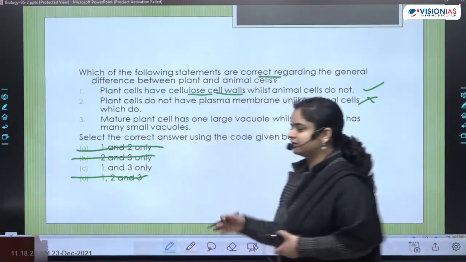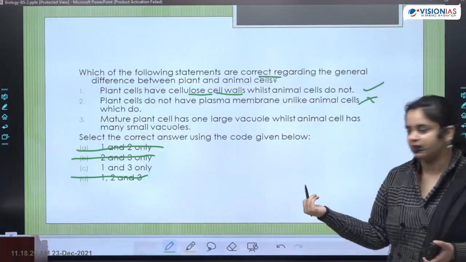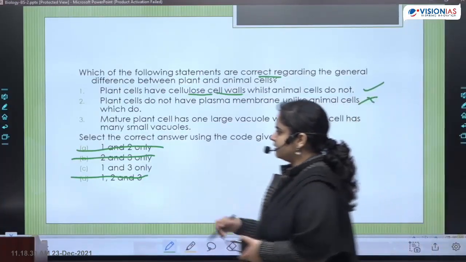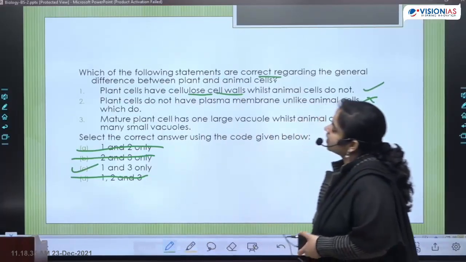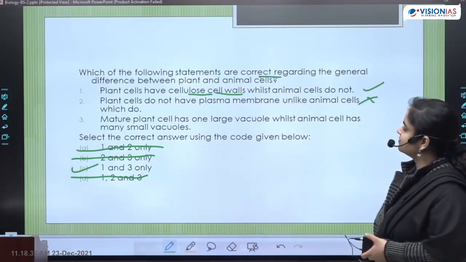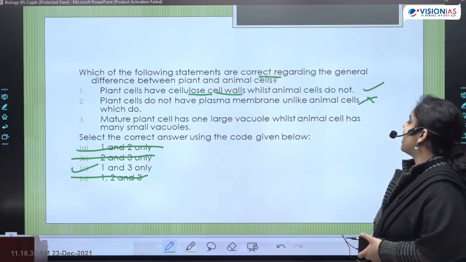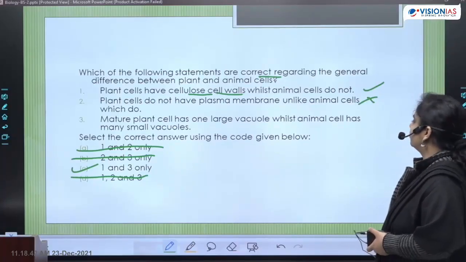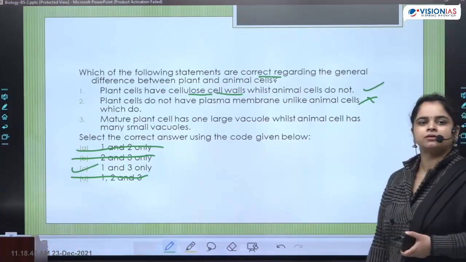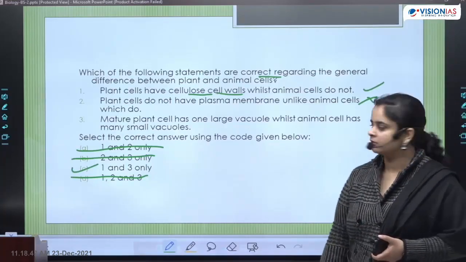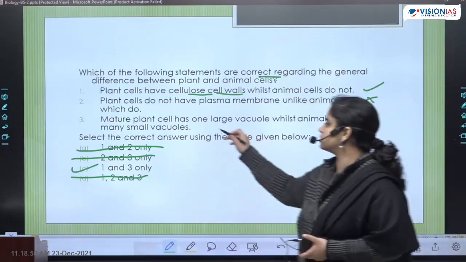So that straight away brings us to the answer without reading the third statement, which is C, 1 and 3 only. The third statement says mature plant cell has one large vacuole whilst animal cell has many small vacuoles. Okay, so this statement is also correct.